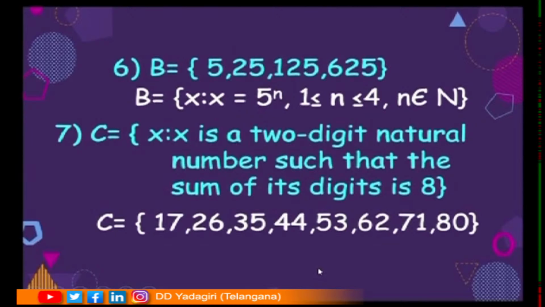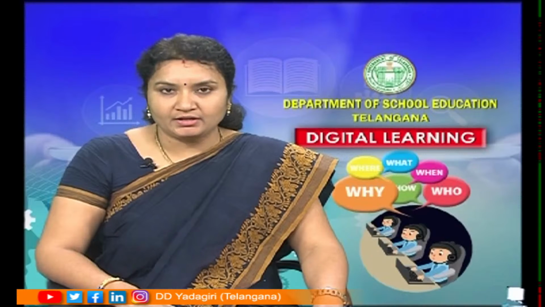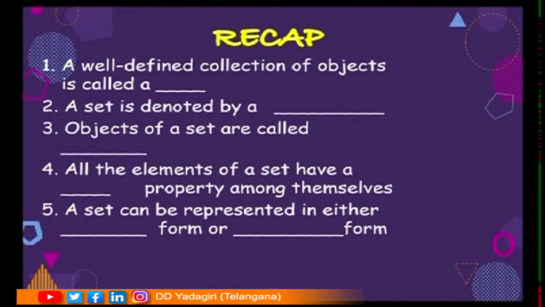Now, okay children, we have learnt the concept of sets. Let's have a quick recap of all the concepts we have learned today. Now, look at the first one. A well-defined collection of objects is called a set. So, what do we call a well-defined collection of objects? We call it as a set. A set is denoted by a capital letter.